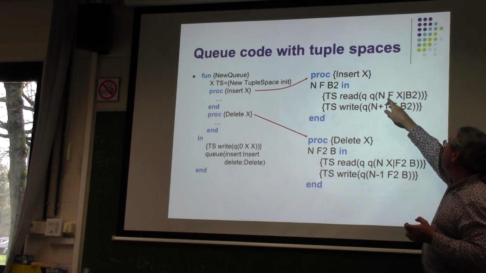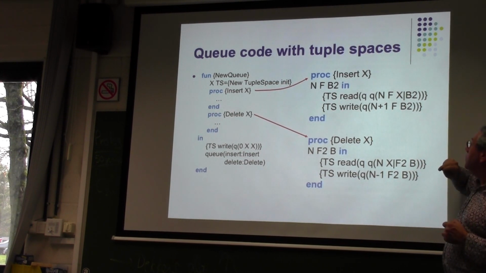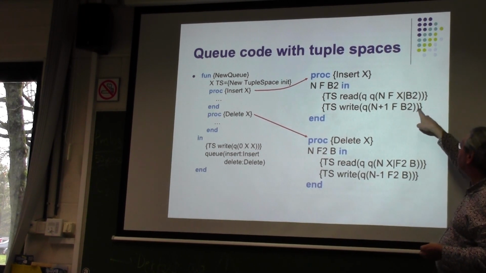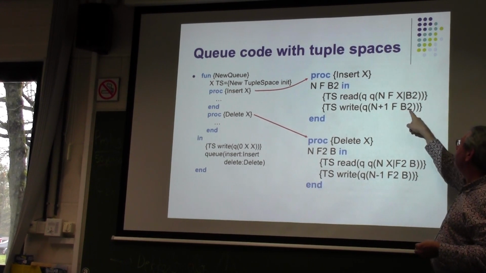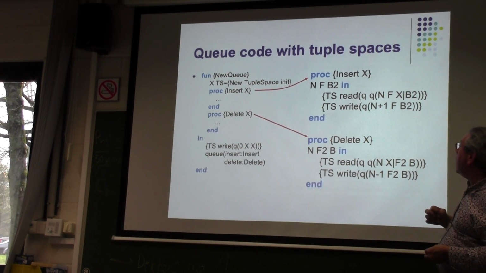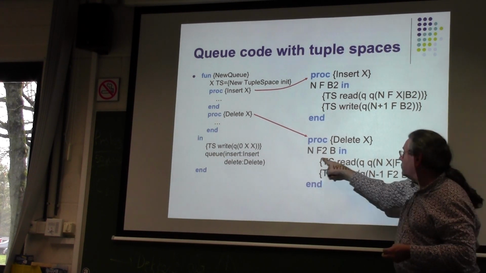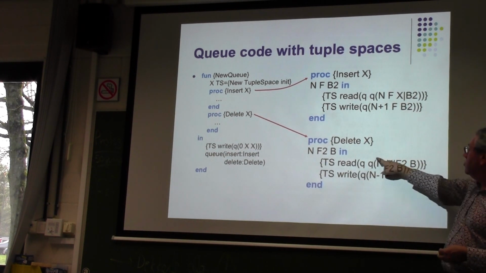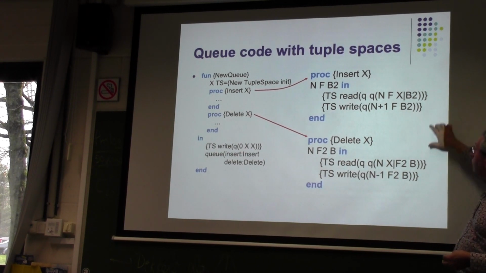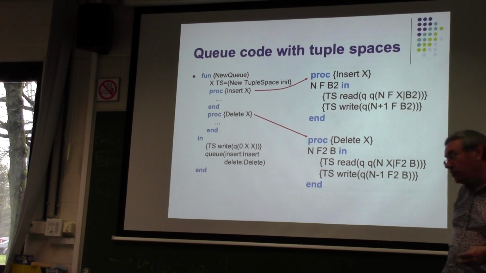I bind it to n f x bar v2, and then I write the new state, n plus 1 f v2. Okay? And the delete also reads the state and writes the new state. So you have two tuple operations. But still you don't need a lock.